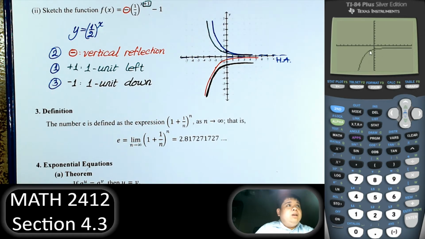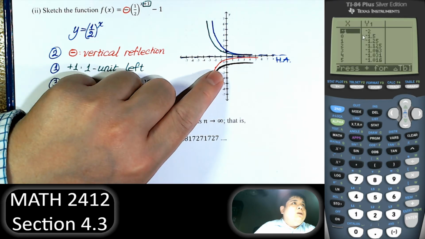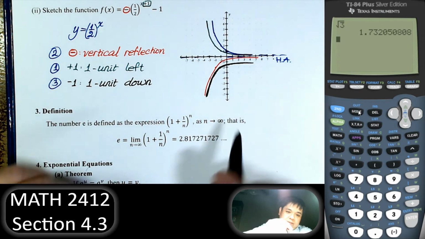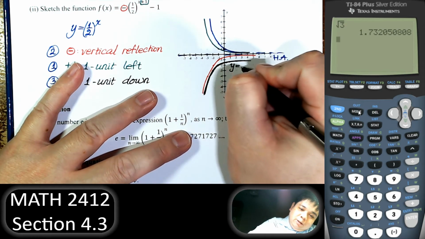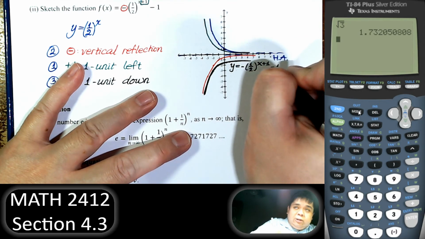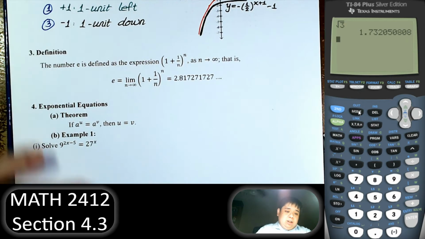See, we have this point when x equal to -1, y equal to 2. So that's what we have, just using transformation to graph.